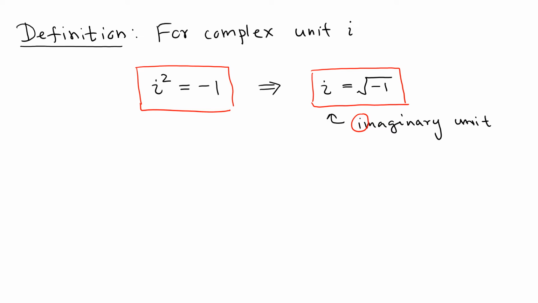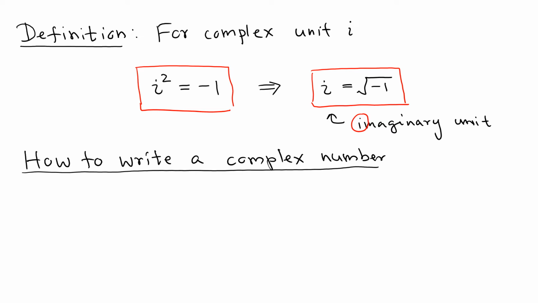Now the question is how to write a complex number. We write a complex number as two quantities that we sum together. For example, we can write 2 plus 3 times the imaginary unit i. So this is how we write a complex number. When you have a complex number, there are two parts.